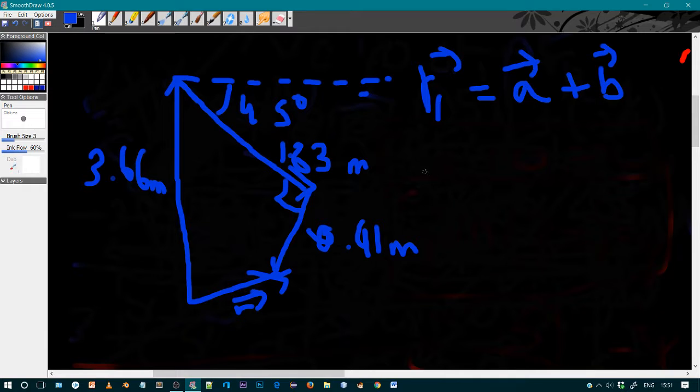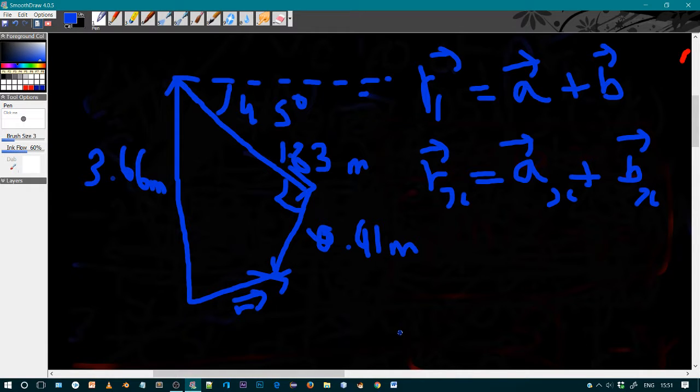Can we state that the x component, the horizontal component of the resultant vector, should be equal to the sum of the horizontal components of each of these vectors? For example, this is vector A, this is vector B, and this is the resultant vector.